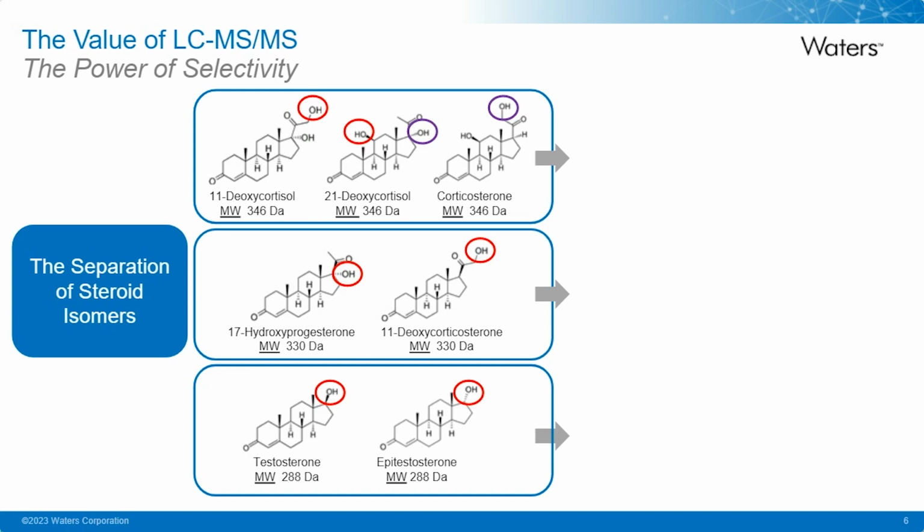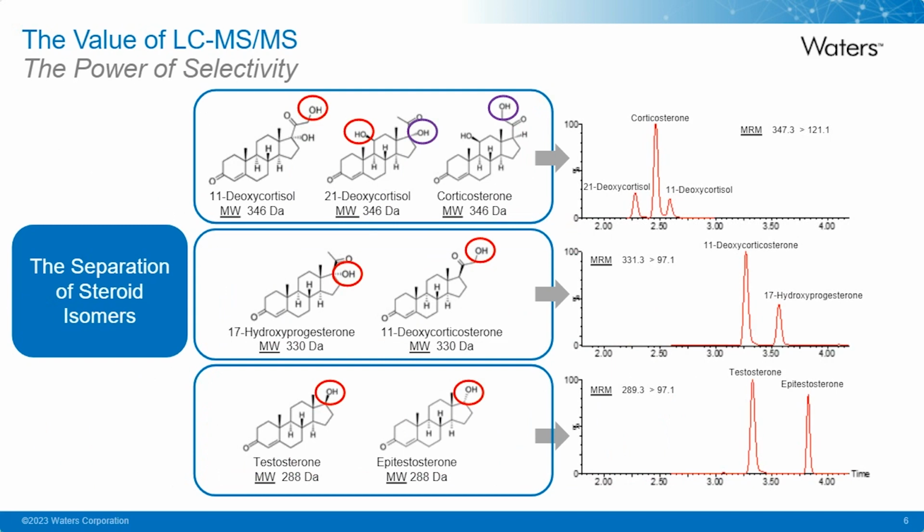And what we see here is that we can separate them out and be detected using LC-MS. So the orthogonality of the chromatography with the MRM mass spectrometry is a particularly powerful tool that enhances the method precision and accuracy for these steroids, providing greater confidence in the results we obtain.